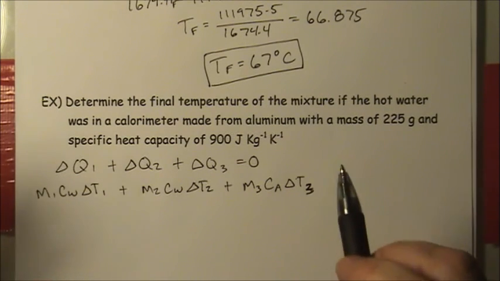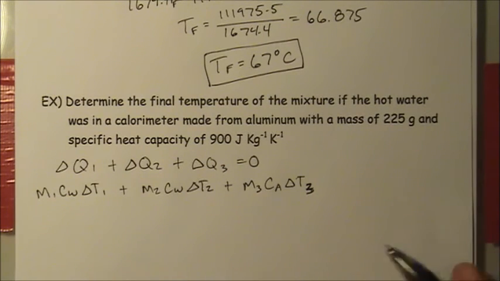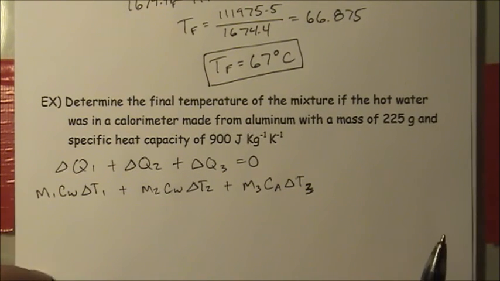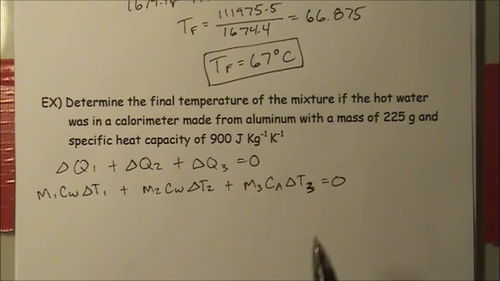Now, it will turn out that the temperature change for delta T2 and delta T3 is actually the same. It is the same delta T, because of course they started with the same temperature of 95 degrees, and they're going to eventually come to the same temperature when all three of these substances finally arrive at the equilibrium temperature. It's going to be the same final temperature too. So those will actually be the same quantity.